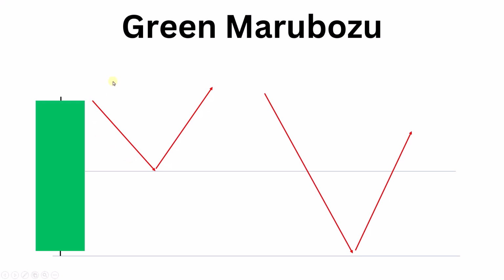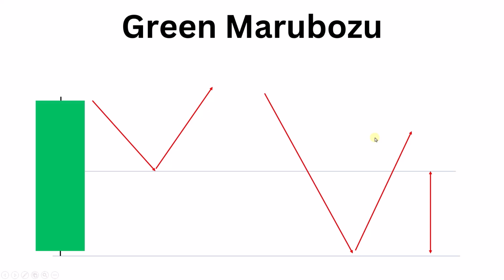This is not always guaranteed, but this works out most of the time. So basically this range acts as a support zone. Price may come into this zone and go back from here. That is what you need to remember.